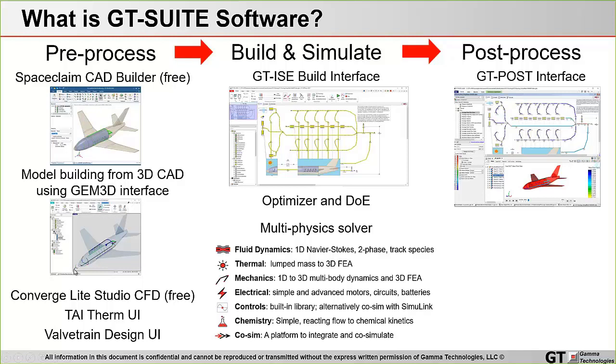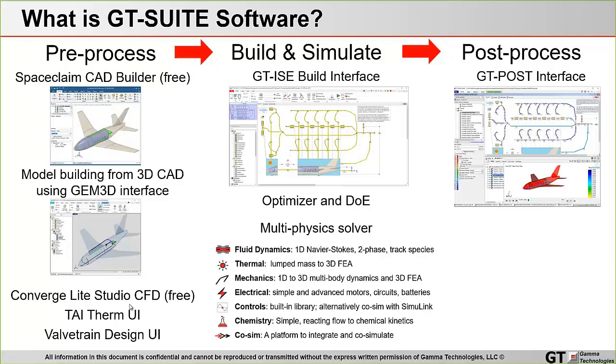Now, in addition to these primary preprocessors, there are also other preprocessors we have glued to our GT Suite platform, including Converge Lite, which is a CFD software by Convergent Science.